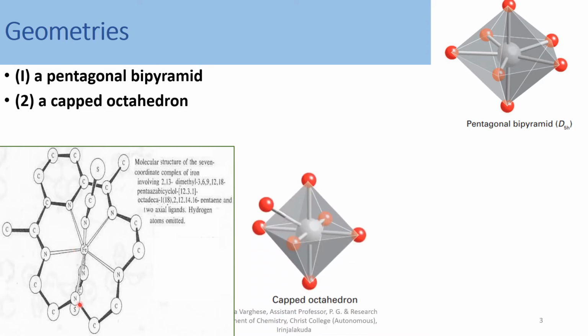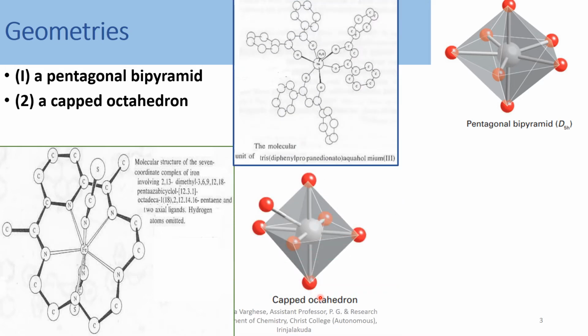The second one is a capped octahedron. You can see its picture here. Here the seventh ligand is added to one of the triangular faces of the octahedron.